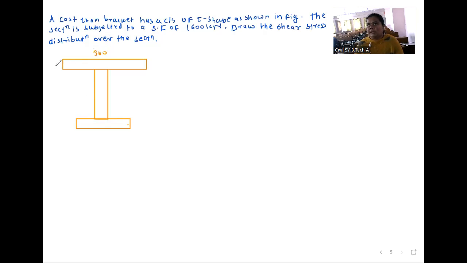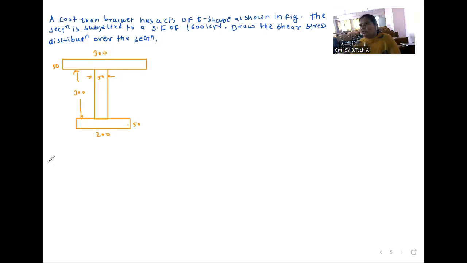Okay, this is 300, this is 50, this is also 50, this dimension is 200, this is 50, and this depth is 300. Okay, so this is the unsymmetric I section.